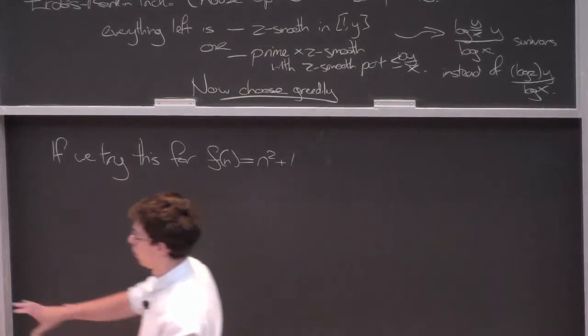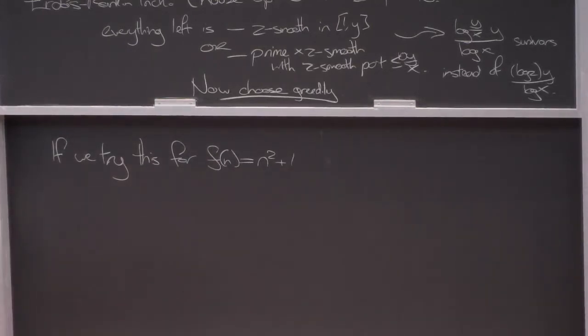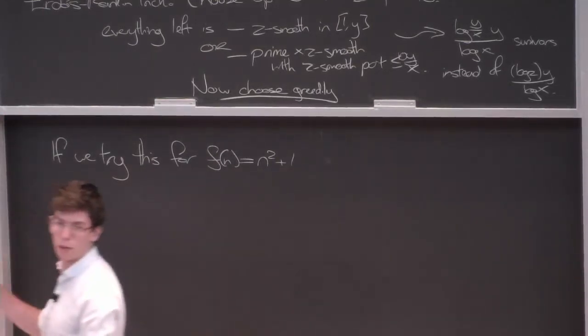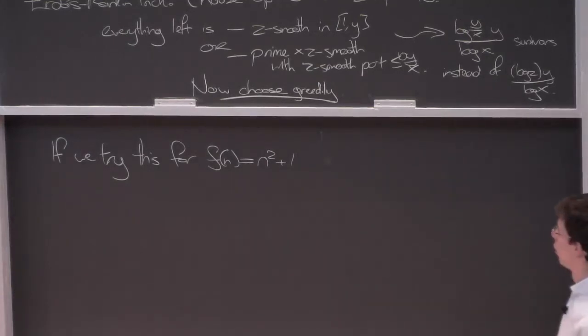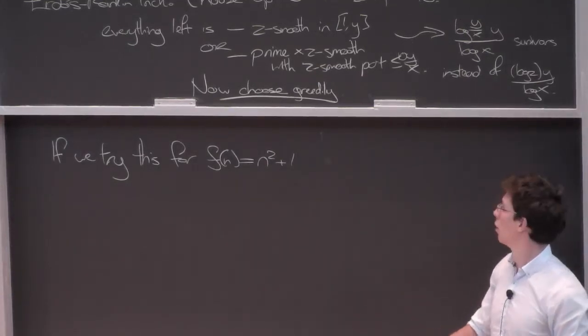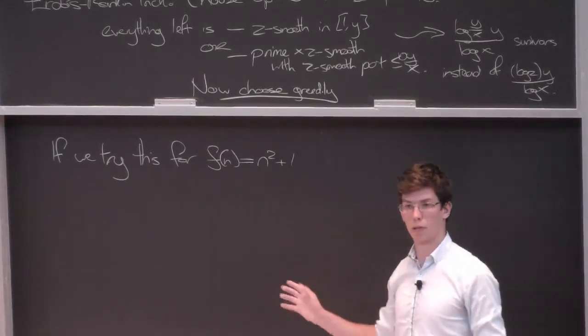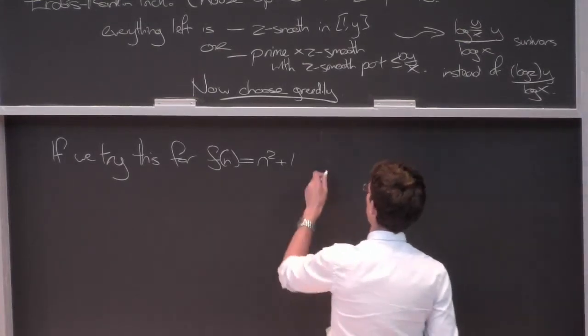There's this slightly annoying thing that we're only dealing with primes which are 1 mod 4, but that doesn't really matter too much. We'll get that we're only left with n up to y such that f of n has no medium-sized prime factors.